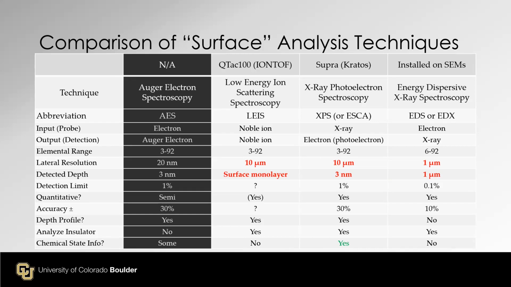Analyze insulator, yes, it has a charge neutralizer, but we have to be careful analyzing insulators or poor conductors with XPS. And green, yes, for chemical state information. XPS is very good at giving us information about binding state, chemical environment.